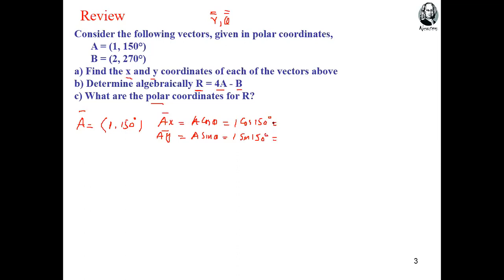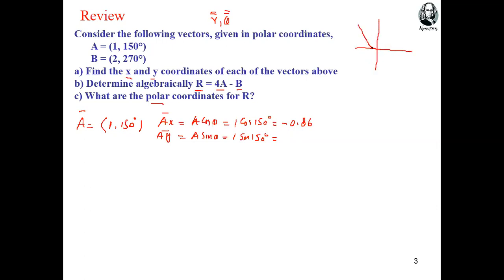First of all, find cosine 150 degrees, multiply with 1. Cosine 150 degrees is equal to minus 0.86. Why is this one minus? Because 150 degrees is in the second quadrant, and in the second quadrant the x component is negative.